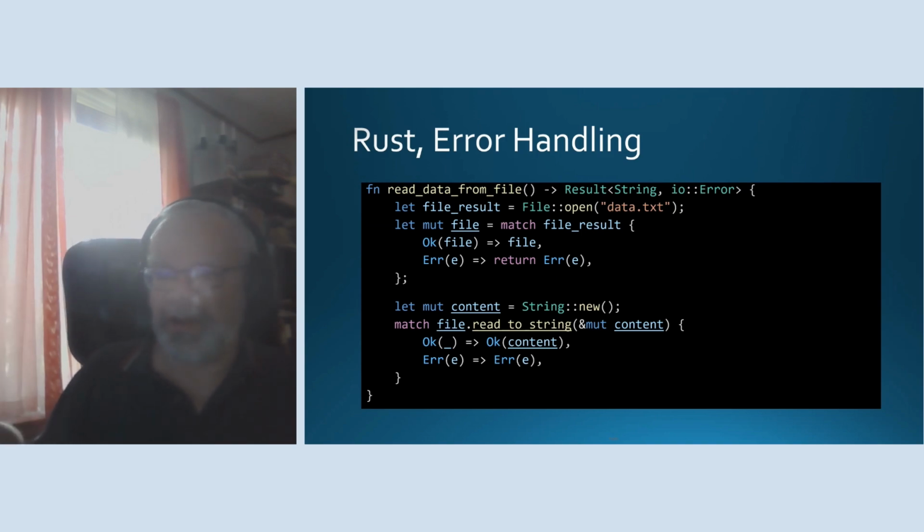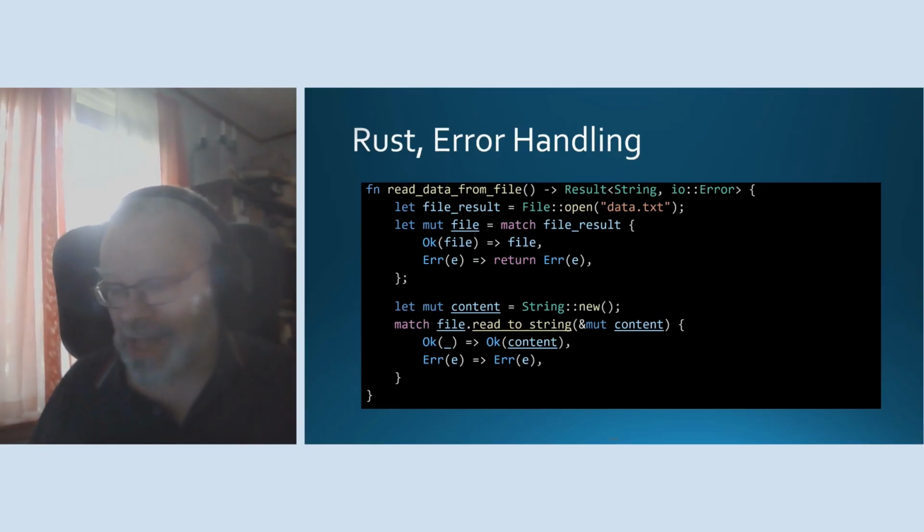And then we declare a string content saying that here's the variable I want to use to have my content. And I'll do file read and tell it, put the content of the file into my variable content here. And if that went okay, it might fail to read. We have to handle that.